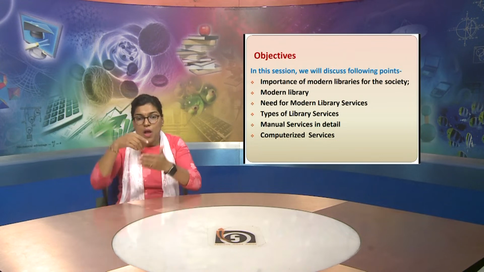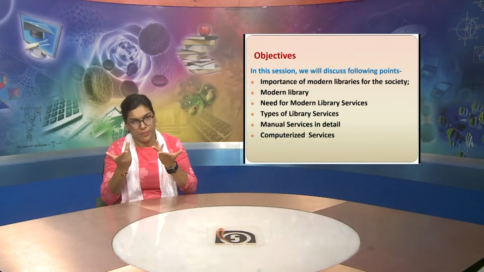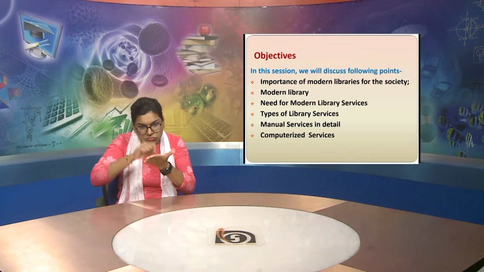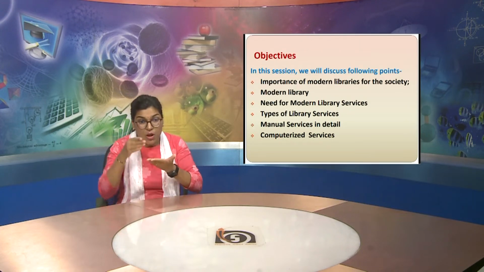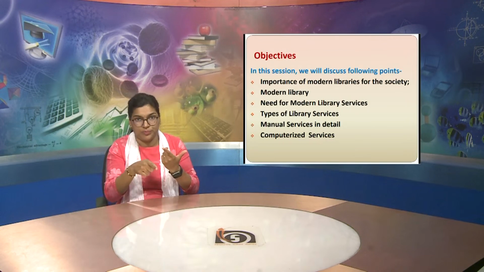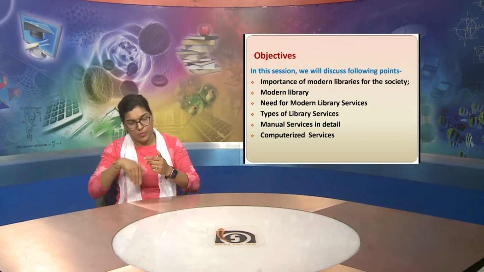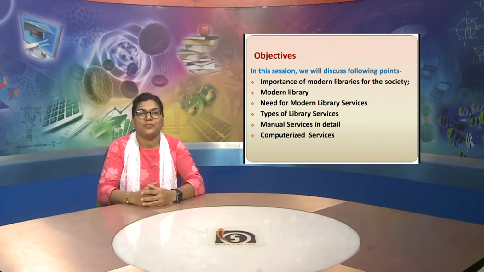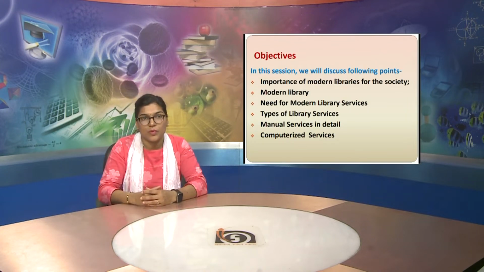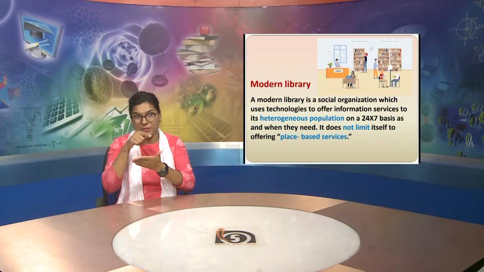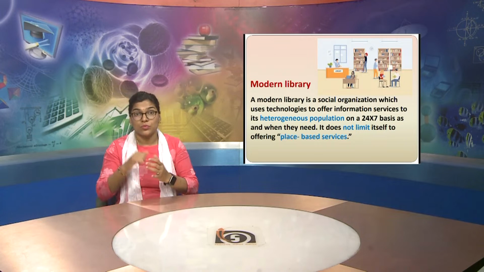Also, we will be able to understand the different types of library services, and we will be able to understand the manual services in detail by going through this chapter. Along with that, we will understand the computerized services. So let us now begin with the topic, modern library.